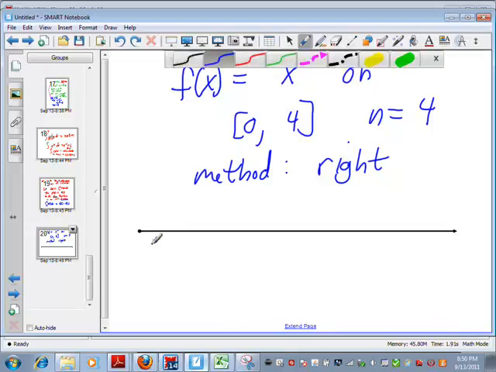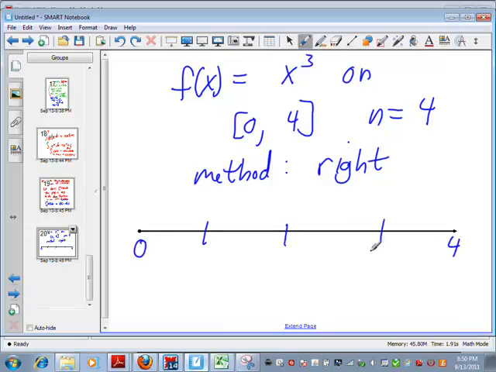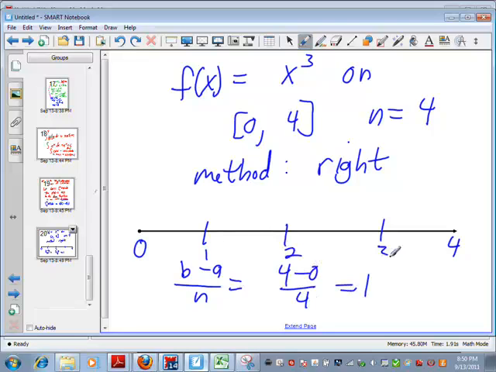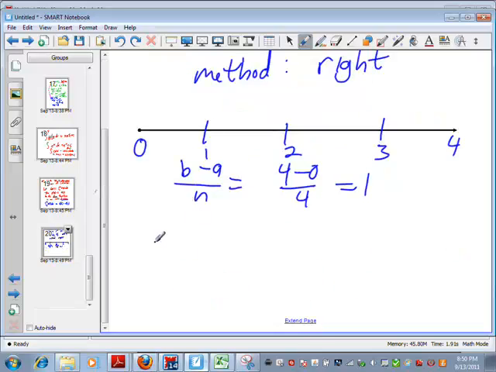0 to 4, with 4 rectangles. So each one is of length 1: b minus a over n, so 4 minus 0 over 4. Each one's of length 1. That means this is 1, that's 2, that's 3. Right endpoint method. This is delta x. So right endpoint method: the width is 1.